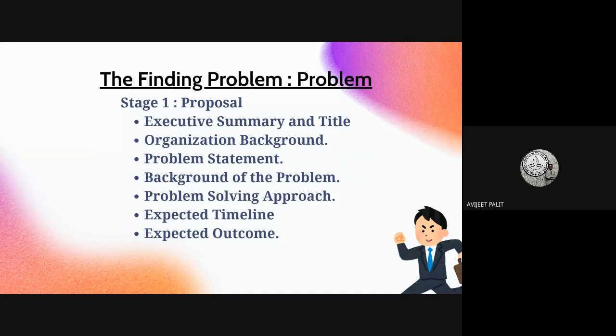Then you have to state the background of the problem. Now what is the background of the problem? It is how you were able to get this problem statement, what are the key factors that make you assume that these are the problems the business is actually facing. Say you see that their sales are going down, so your problem statement is optimizing sales or optimizing revenue for this business because sales are going down.